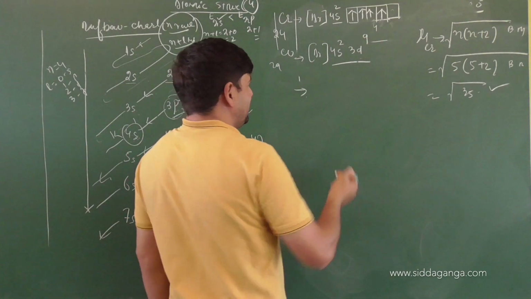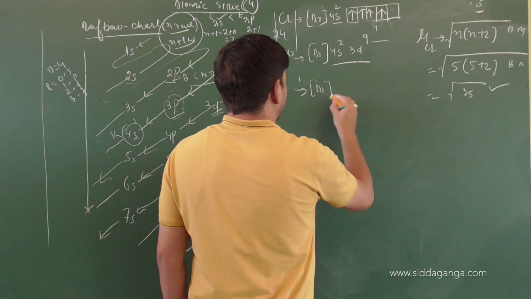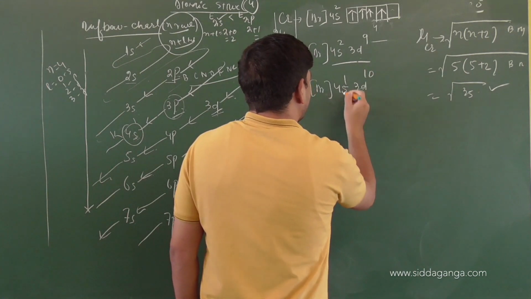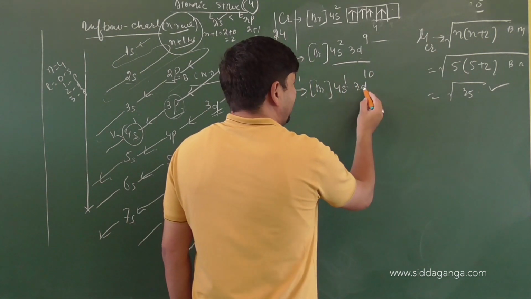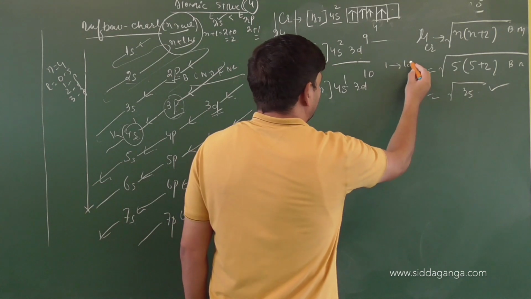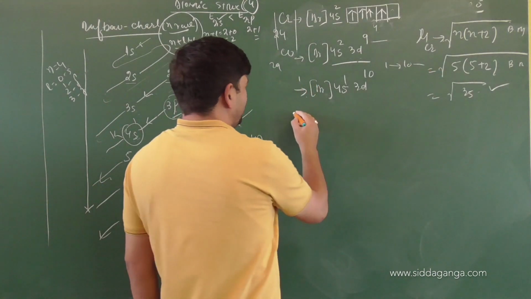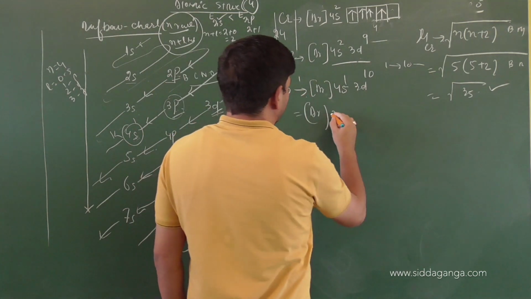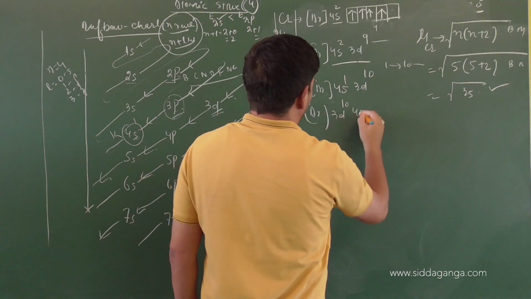Yes, it will have d10. Thus the actual electronic configuration is argon 4s1, 3d10. So have a look here. s can accommodate either 1 or 2 and d can have electrons from 1 to 10. Did you follow the point or not? So copper will have argon 3d10, 4s1.